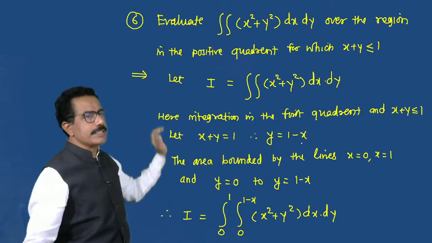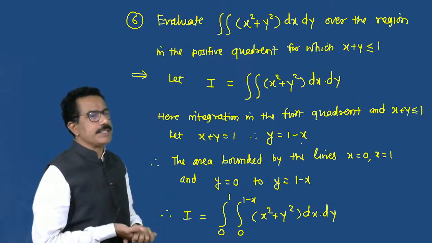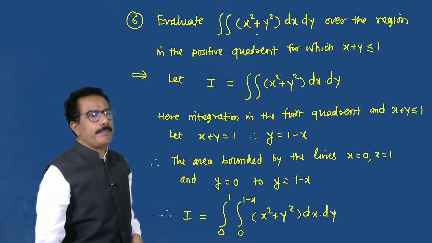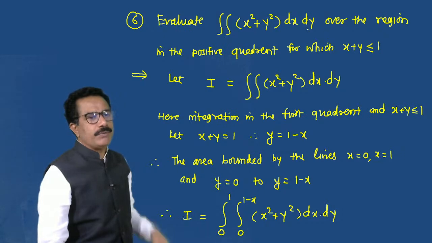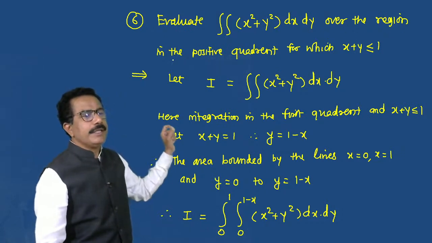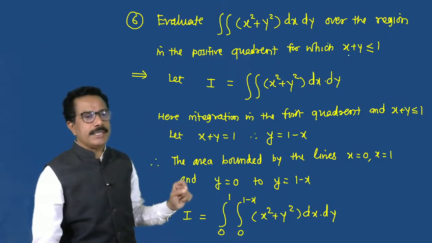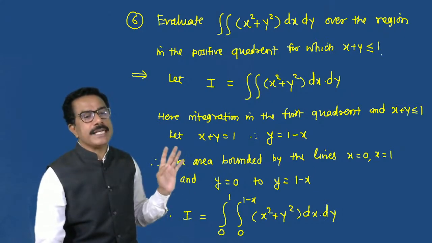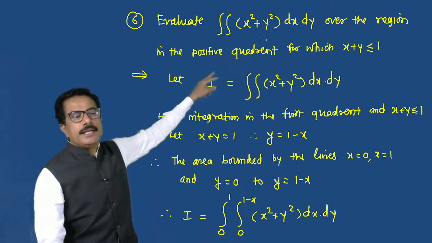Now we shall move towards the problem. See this: evaluate the double integral of x square plus y square dx dy over the region in the positive quadrant which has x plus y less than or equal to 1. Check this problem.